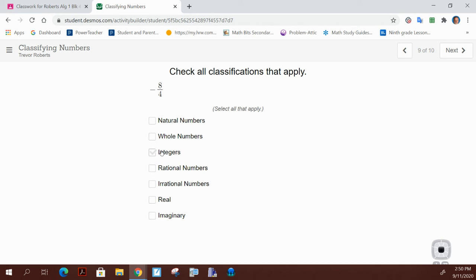So what's -2? Is it an integer? Yes. If it's an integer, it's not a whole number, is it? No, it's not a natural number either. So that means it's an integer, it's a rational, and it's real. You've got to mark those 3 for this answer to be correct. All right, so now you can identify and classify numbers.